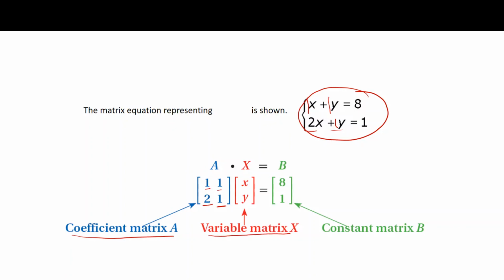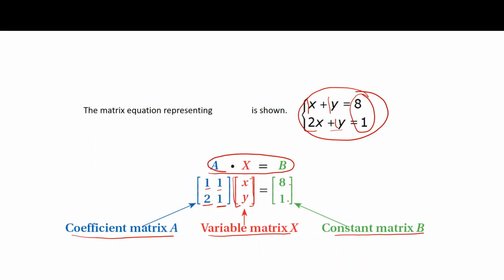We haven't written it like this before, but we can write a matrix that says x over y. This is our variable matrix because we have x's and y's. And then we have a matrix with our constants, which are our answers. In this case, it's the constants, 8 and 1. So this is how we're setting up our matrix expression, and it's in the form A times X equals B.